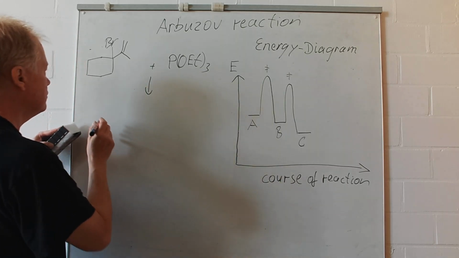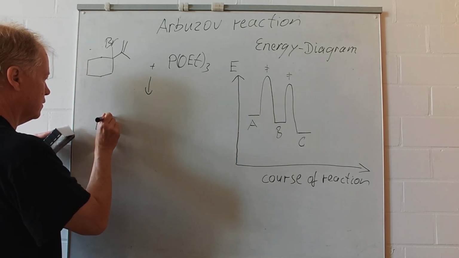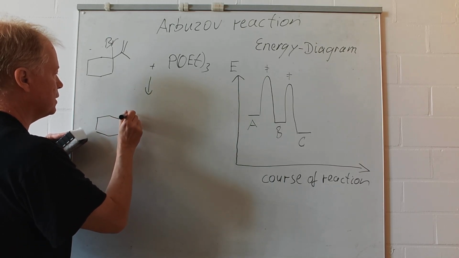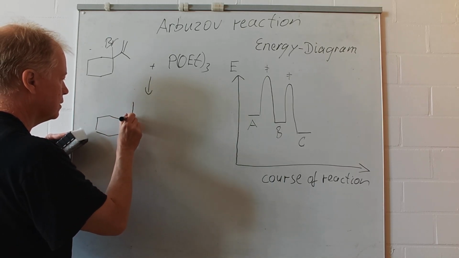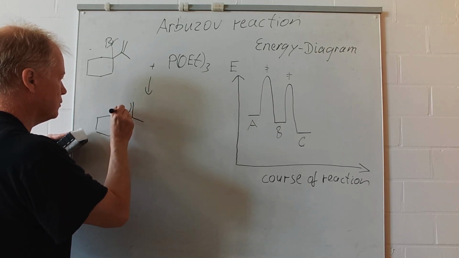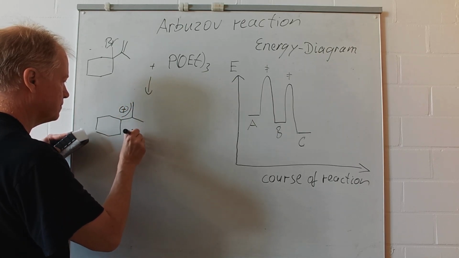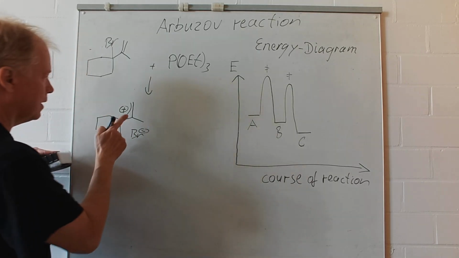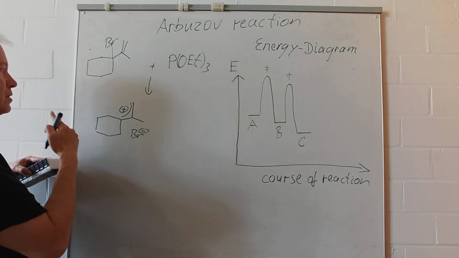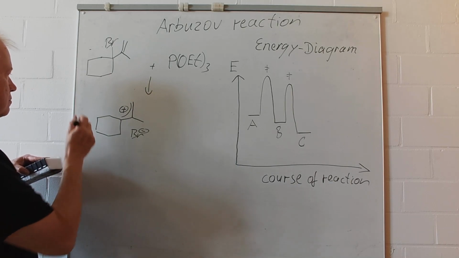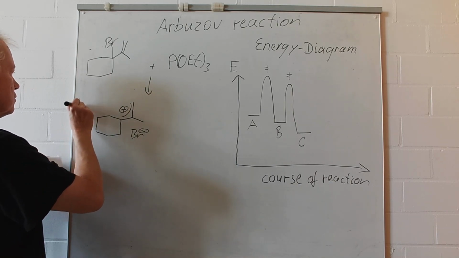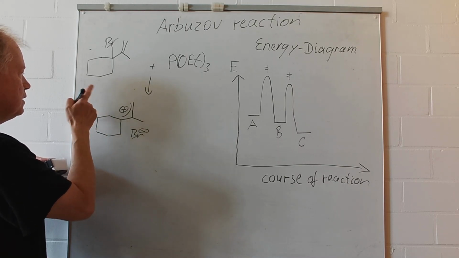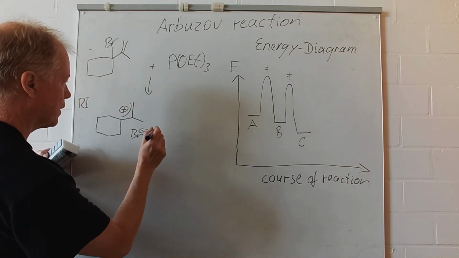And SN1 means, well, a mesomerically stabilized carbocation can be formed, this one, as a reactive intermediate. So let's call it reactive intermediate RI.